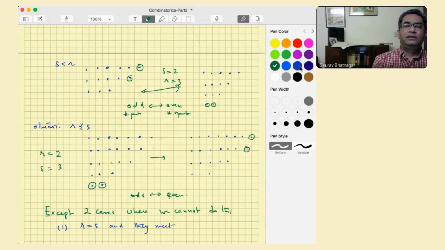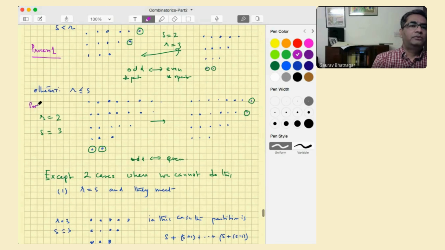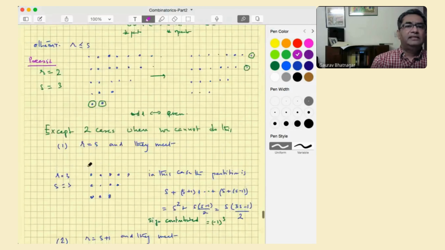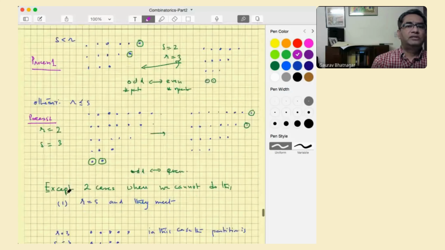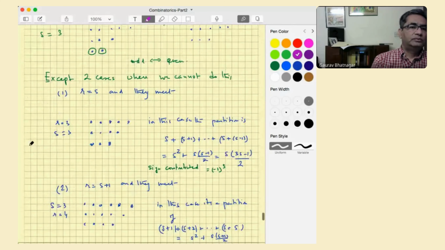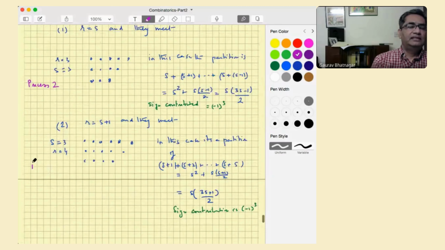I'll use a third color. And let's call this process 2. And this is a problem for process 2. This is an exception for process 2, and this is an exception for process 1.